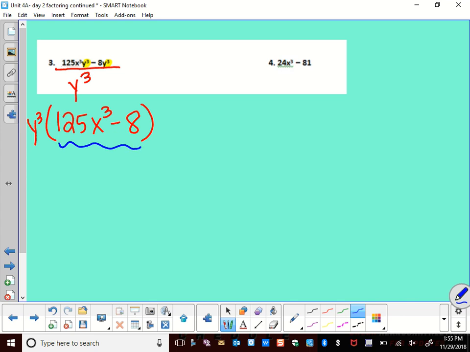The cube root of 125 is 5. The cube root of x cubed is x. The cube root of 8 is 2. So I have one normal parentheses and one larger one. My cube roots I'm going to place right inside the first one. So we have 5x and we have 2.